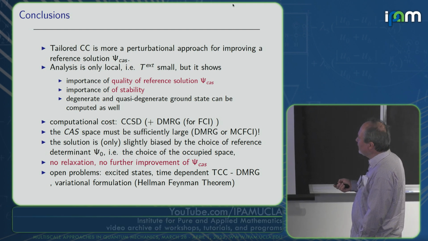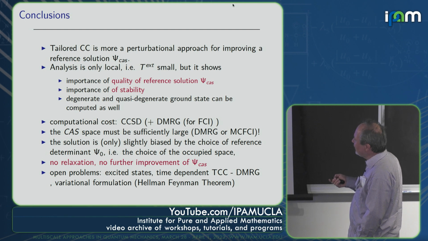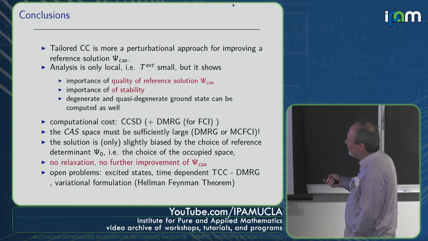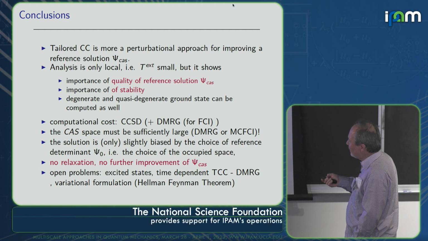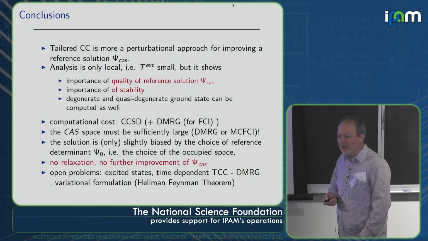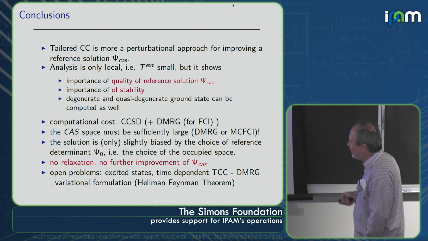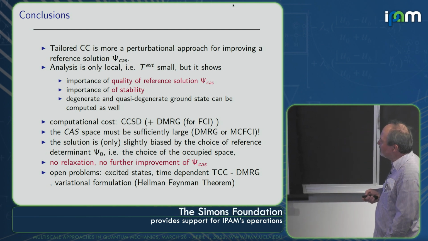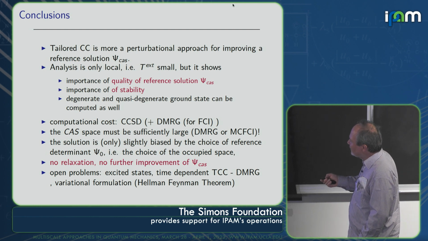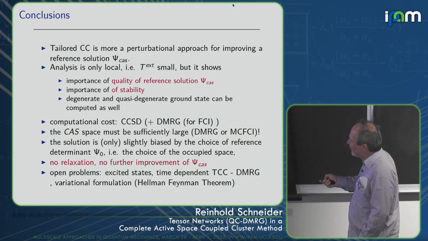Okay. And the computational cost is more or less fantastic. Formally, it's more or less dominated by the coupled cluster singles doubles, but practically the DMRG is. So we get a solution up to the cost of coupled cluster.